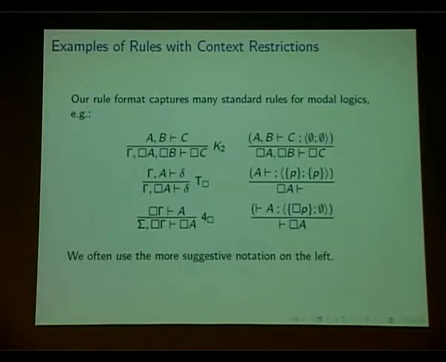As I mentioned, the rule format encompasses most of the standard logics. For example, if you take the K rule for the box modality with premise A, B entails C, and conclusion some context gamma, together with box A and box B entails box C, then this is rendered in our new notation as a rule with principal formulae box A, box B entails box C, and premise A, B entails C, together with the restriction with the empty set in both the left and the right component.